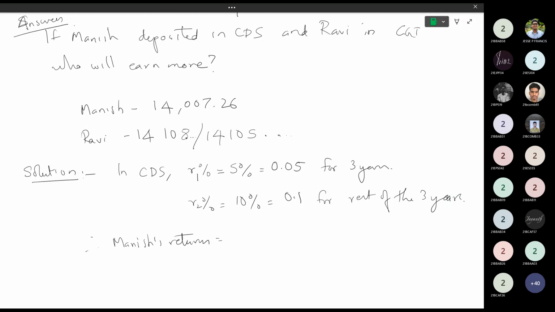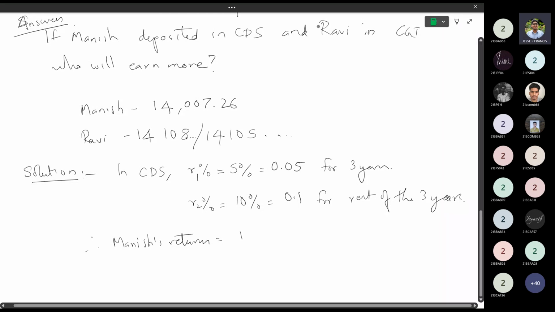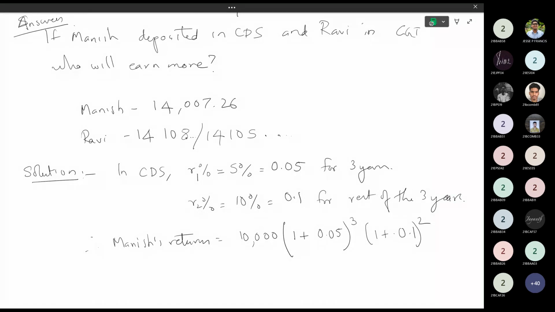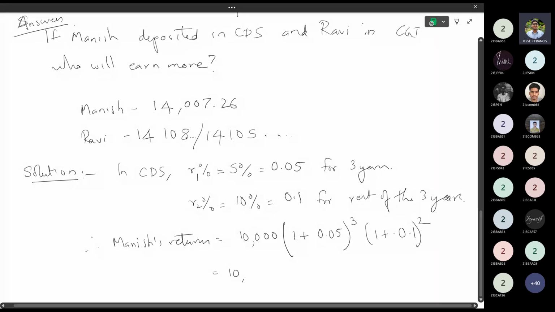Will be equal to X into, that is your initial deposit, 10,000 into 1 plus 0.05 to the power 3 into remaining years is 1 plus 0.1 to the power 2. Total 5 years we are putting, 3 years plus 2 years. And this is equal to 10,000 into 1.05 into 1.1.